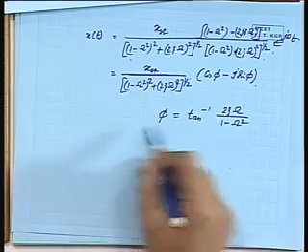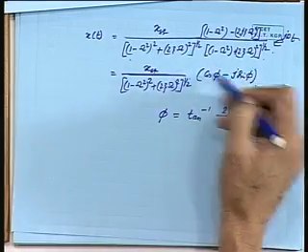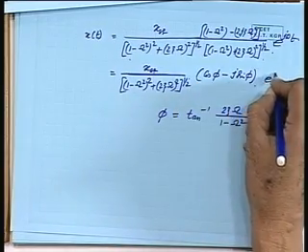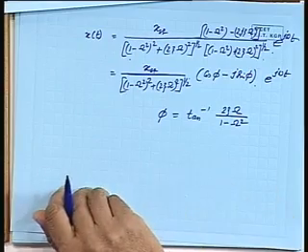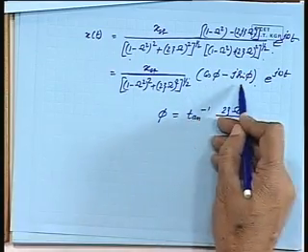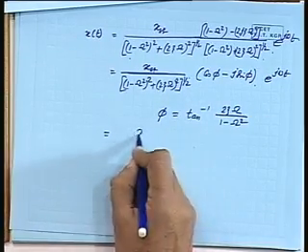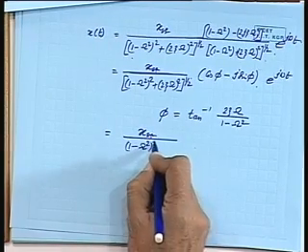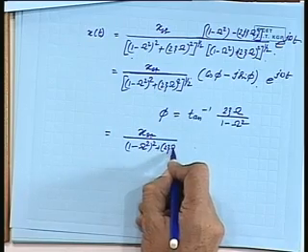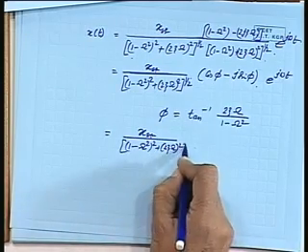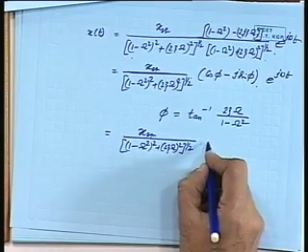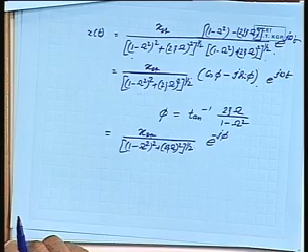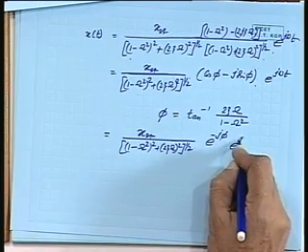Okay. So, this part gives you that, and I have as usual e to the power j omega t, right. Now, cos phi minus j sin phi is nothing but e to the power minus j phi, okay, into e to the power j omega t.